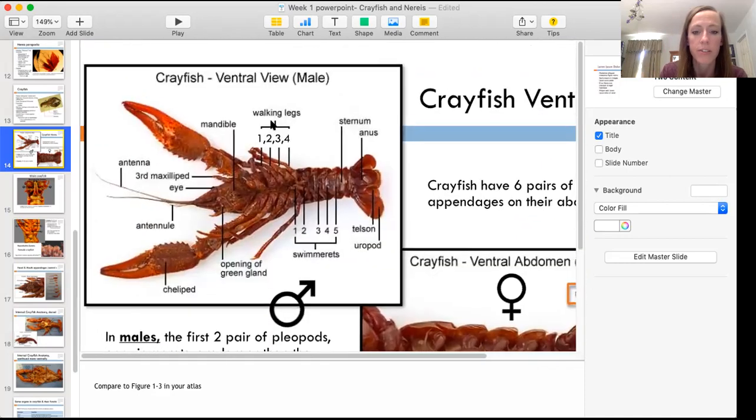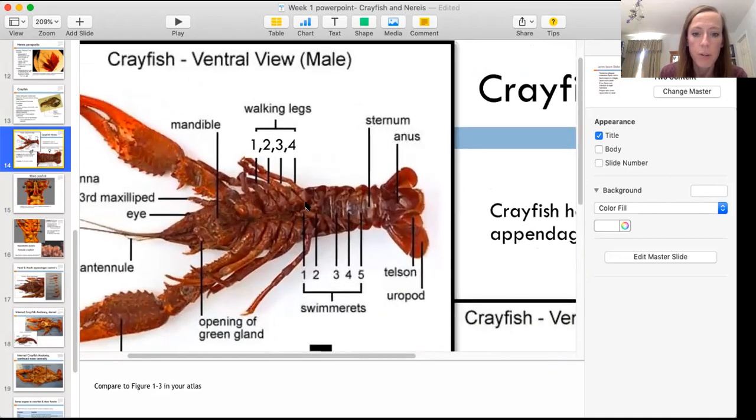Let me zoom in on this a little bit for you. There are 4 sets of walking legs, 1, 2, 3, and 4. And these help with locomotion for the crayfish. And then there are 5 sets of what we call swimmerettes or pleopods. They are on the abdomen, the underside of the abdomen.